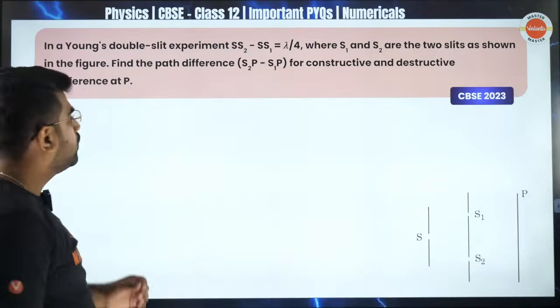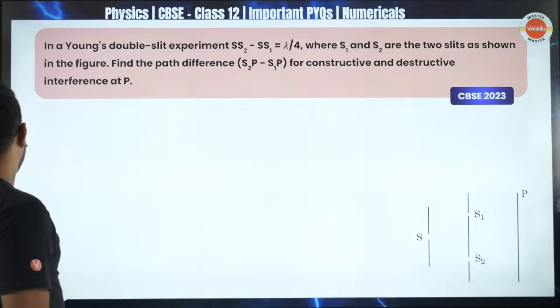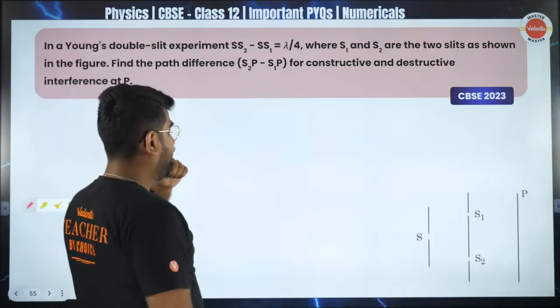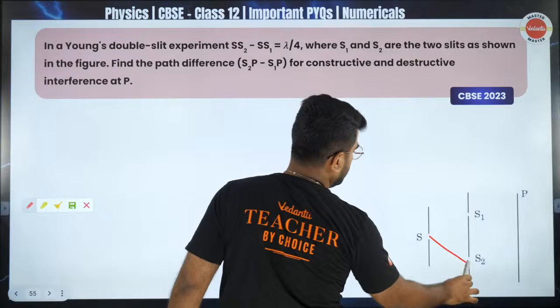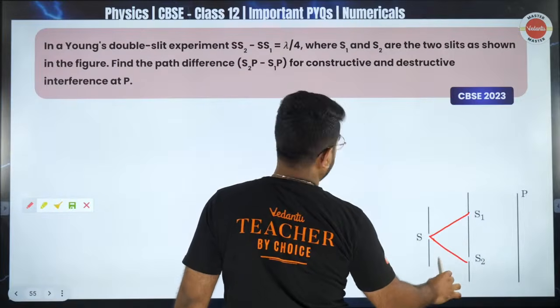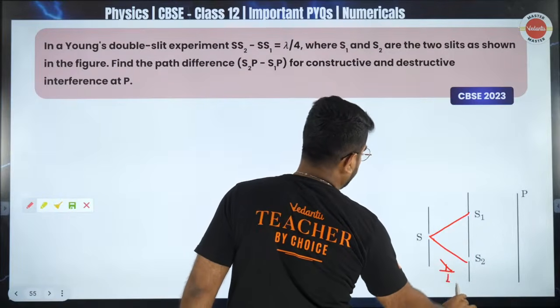Okay. So, Young's double slit experiment. S, S2, S1. So here the path difference is lambda by 4.